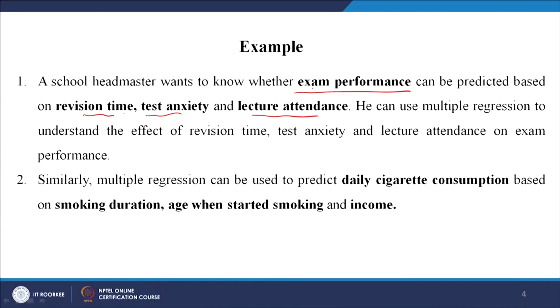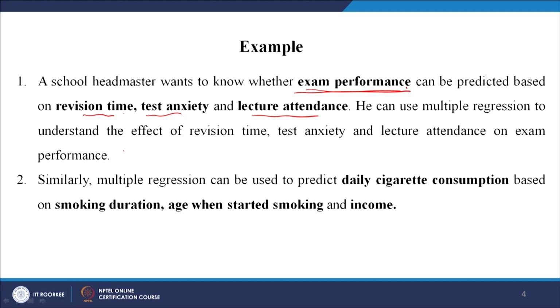Generally teachers want to know whether there is any relationship between attendance and performance. So, when he has three such variables which can affect performance, he can use multiple regression to understand the effect of revision time, test anxiety and lecture attendance on exam performance.